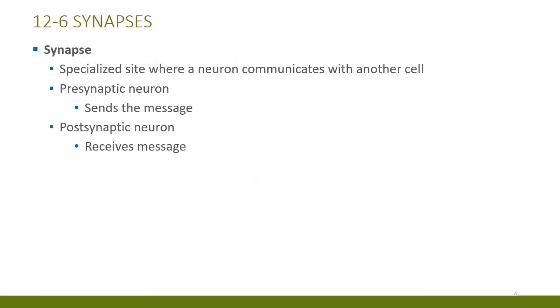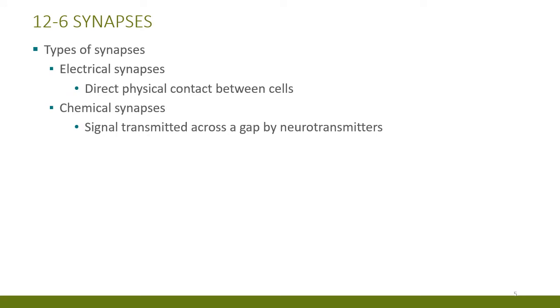Okay, so a synapse is a specialized site where a neuron communicates with another cell. You have the presynaptic neuron, which sends the message, and the postsynaptic neuron receives the message. With an electrical synapse, the two cells are in direct contact.